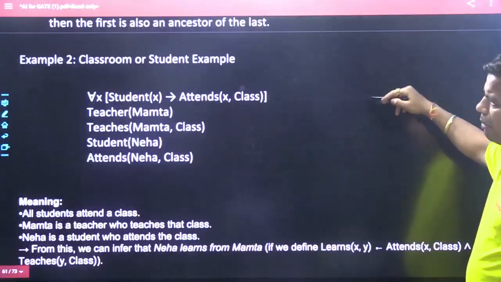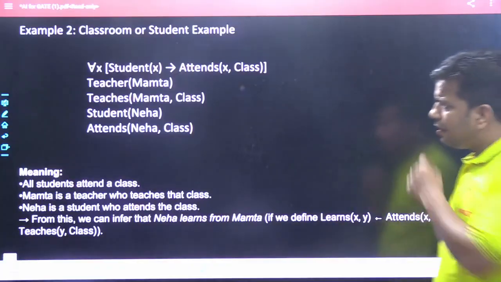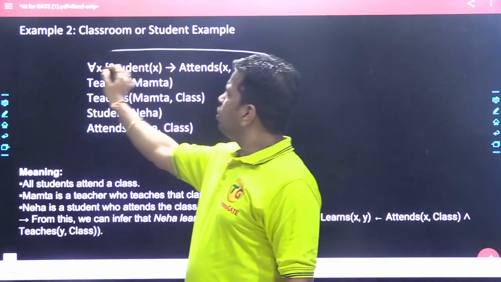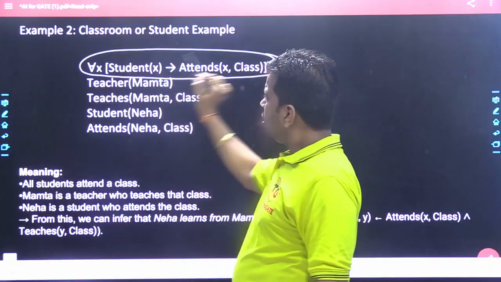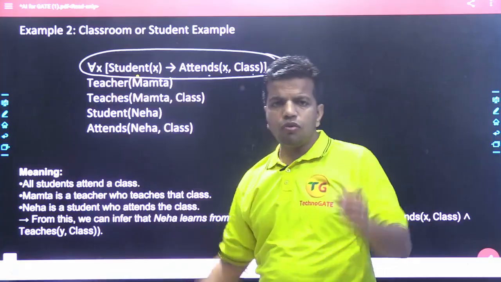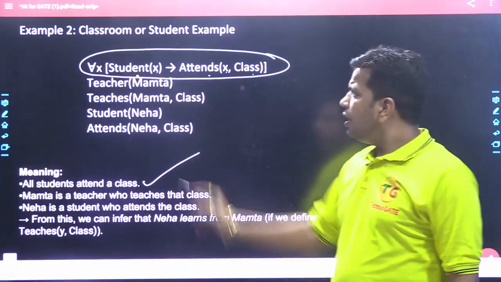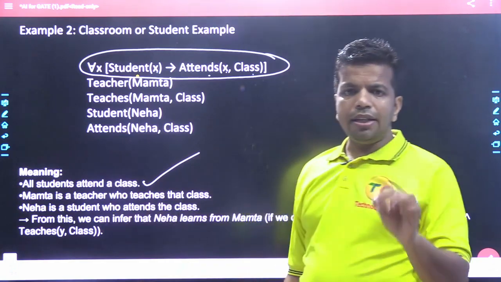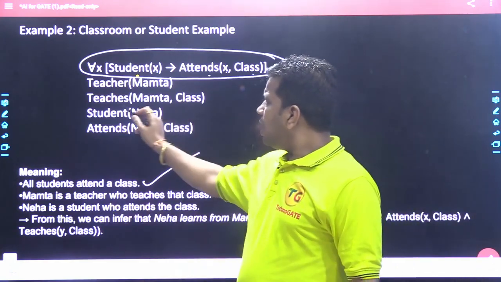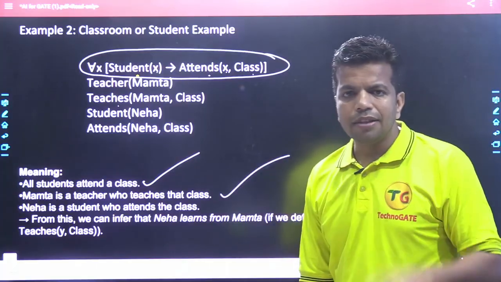Let's see an example of a classroom or a student example. What can we conclude with the help of this? If X is a student, X attends class, and this condition is true for all students. So all students are attending class. Mamta is a teacher, and Mamta teaches the class.